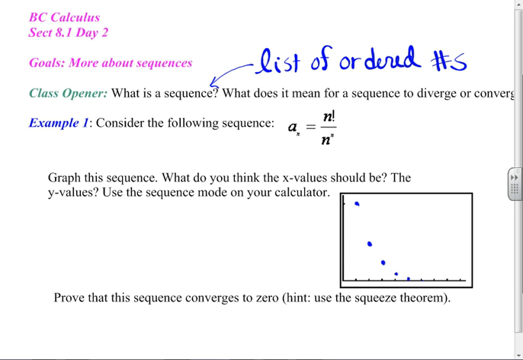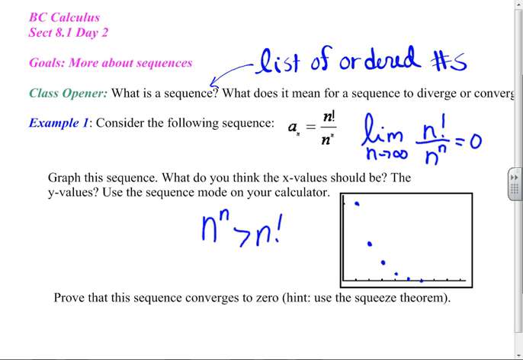And here it's even closer. So the limit as n goes to infinity of n factorial over n to the n goes to 0. Which means what about n factorial and n to the n? Which one's stronger? The denominator. So we're going to need to remember that n to the n is greater than n factorial.